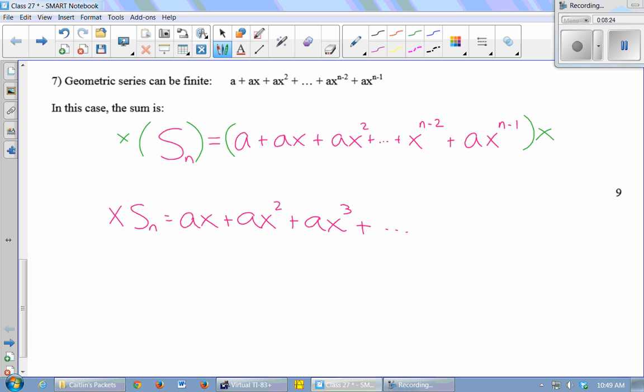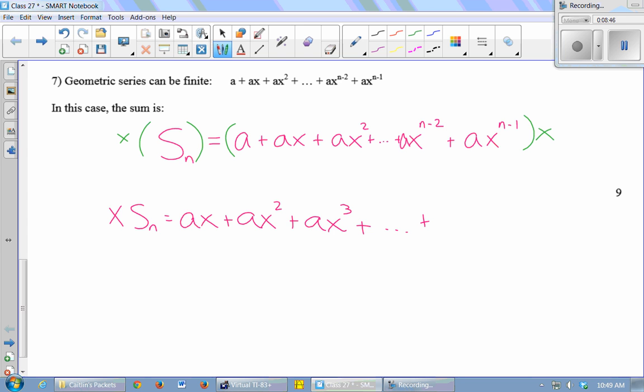There we go. Okay, and then when I multiply x times x to the n minus 2, what do I get? X to the what? N minus 1, yeah, because when you have like bases, you add the exponents. N minus 2 plus 1 is n minus 1.